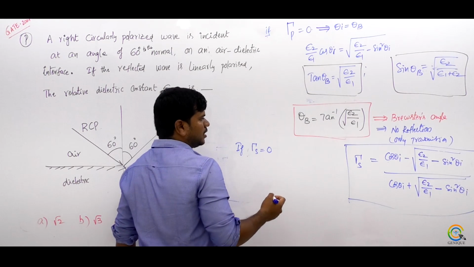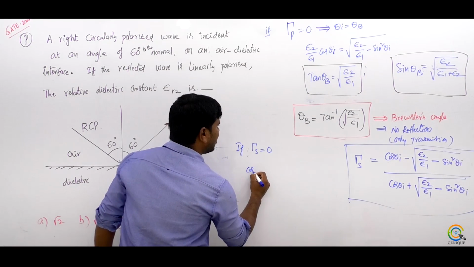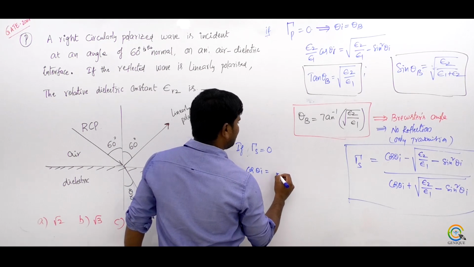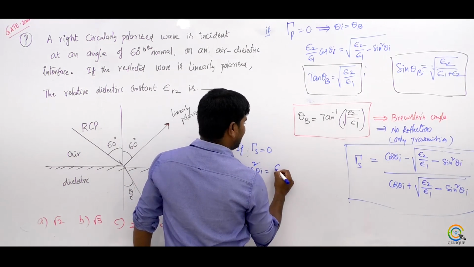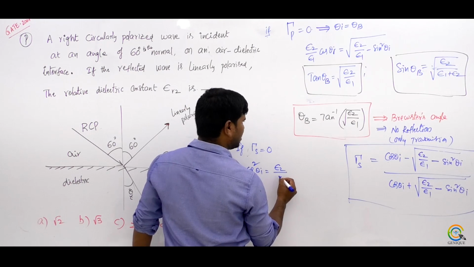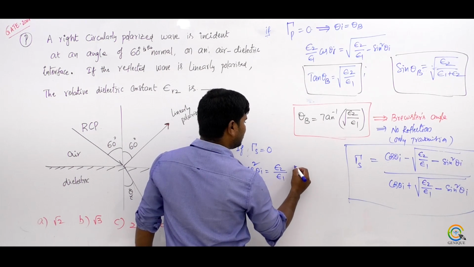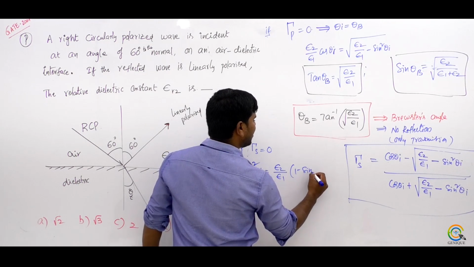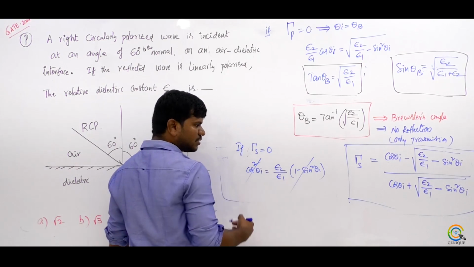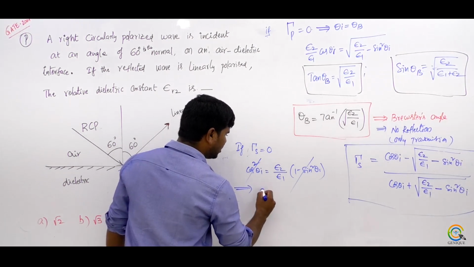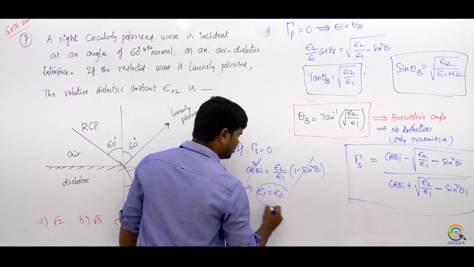Okay, so from this cos square theta I is equal to epsilon 2 divided by epsilon 1 minus sin square theta I, and these two will get cancelled because they are the same. So from this what can we write? Epsilon 1 is equal to epsilon 2.